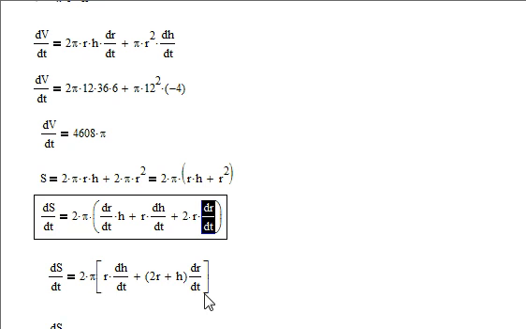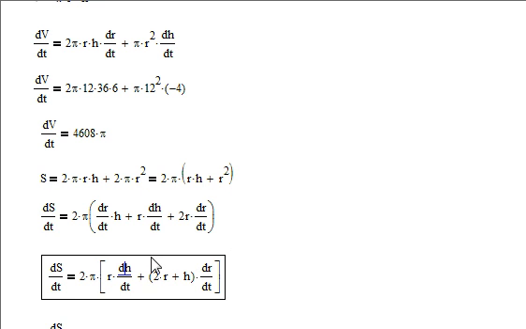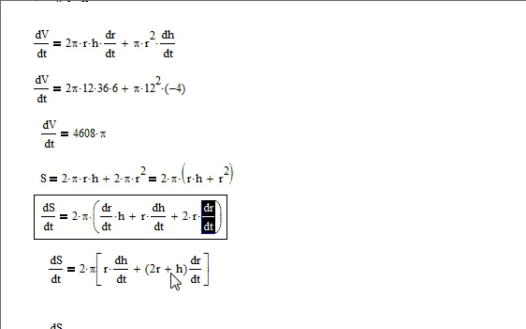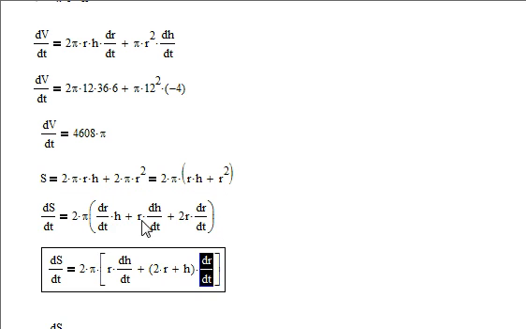And so our change in surface area, if we simplify it a little bit, we have a dr/dt in two terms, so we can factor that out. We have 2r plus h times dr/dt, and this r times dh/dt.